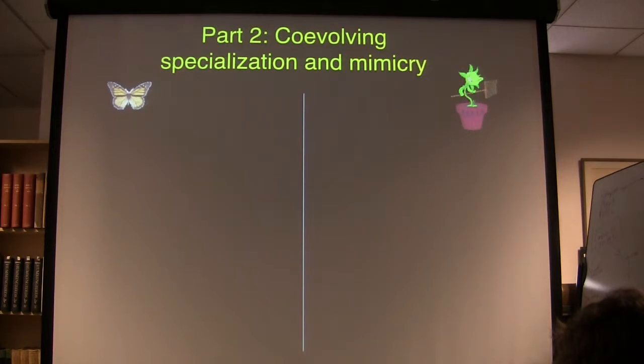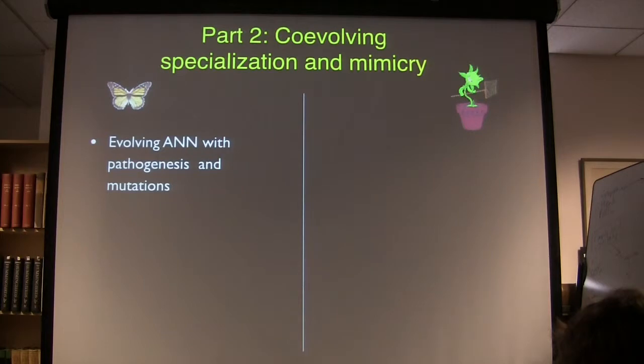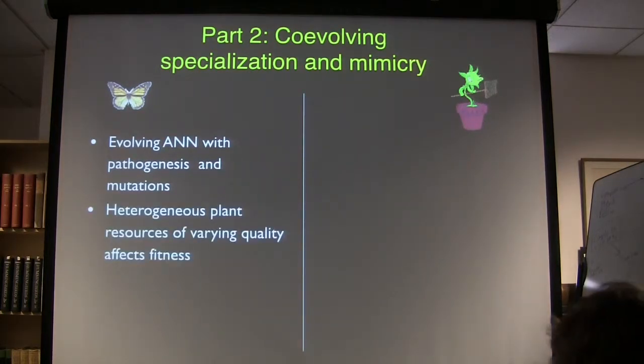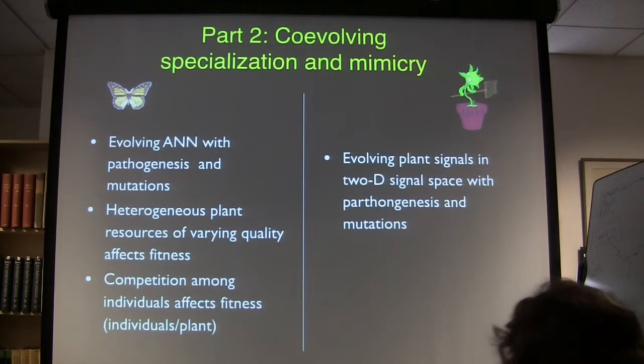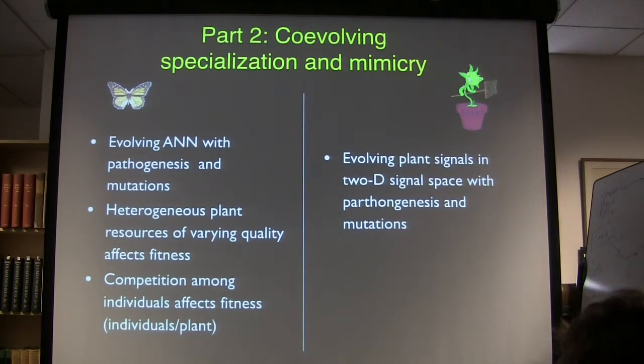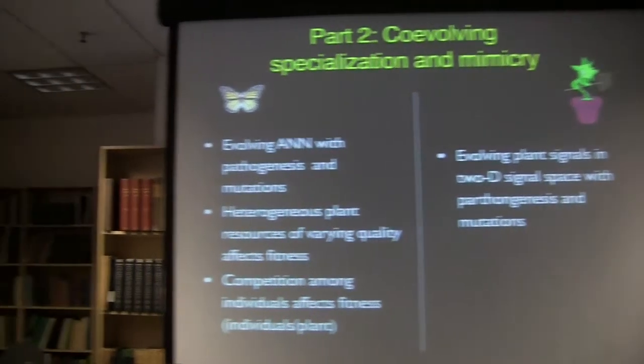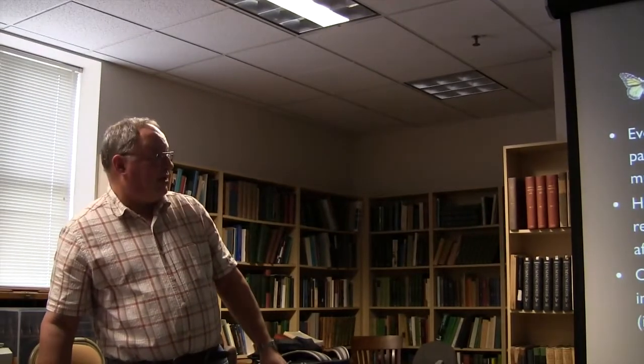Now in all of this the plants were static. If we allow the plants to evolve, we set up a model where we had evolving artificial neural networks with cloning and mutations in a heterogeneous plant space of varying quality, and competition also affecting the fitness of individuals, but the plants themselves have evolving signals in a two-dimensional space, which means the signals that they put out, that ratio, can now also co-evolve.